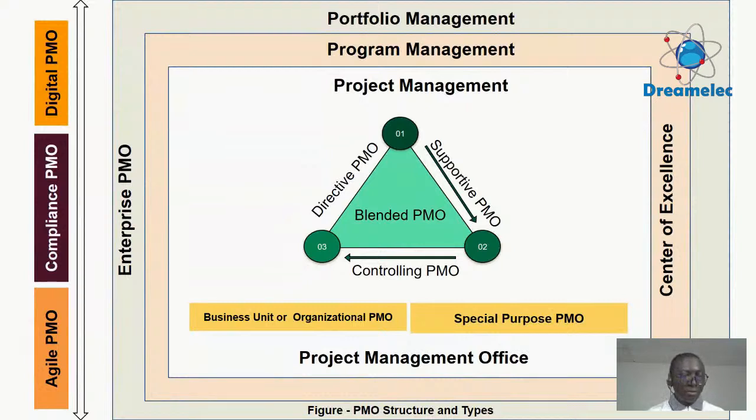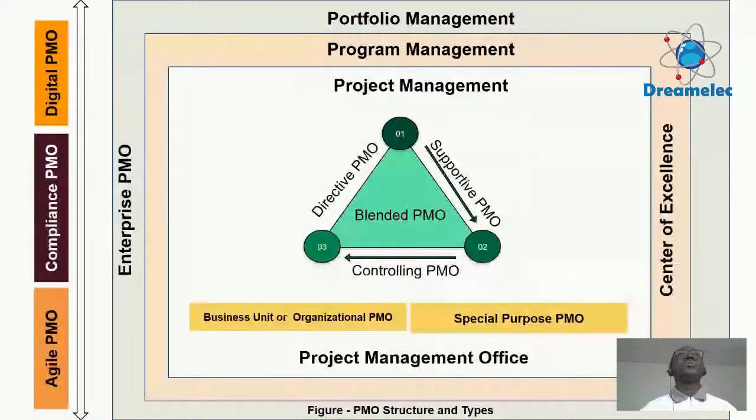The third one being the directive PMO. Here, the PMO will handle the project management directly, execute projects, right, from the beginning to the delivery. So all this being said, those are the main basic structures that we can have in terms of PMO.